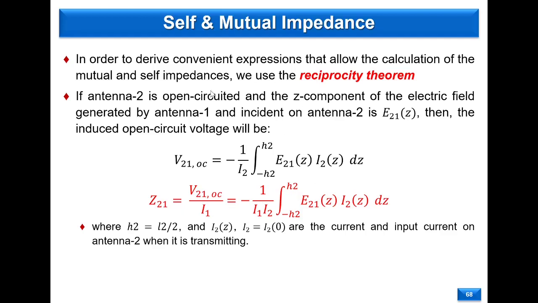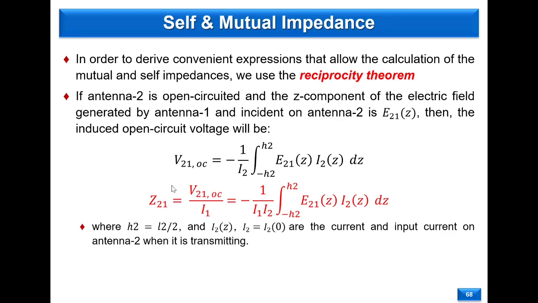Anyway, with some derivation depending on the reciprocity theorem, we can find that the open circuit voltage at antenna number 2, because of the current on antenna number 1, has this expression, where we divide by I2, which is the input current I2(0).